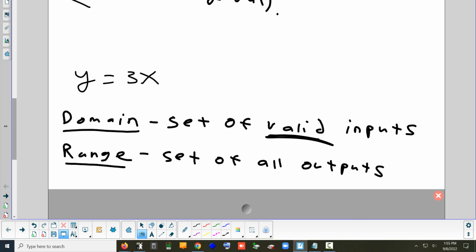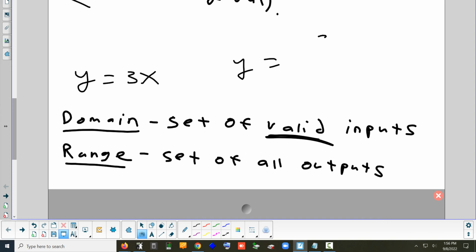What numbers in math can you triple? 4? Is that what you said, 4? Yeah, you can triple number 4. What else can you triple? Anything, right? You can triple any number. There's no limit. You can triple any number you want. So every single number would be valid to plug in for x.